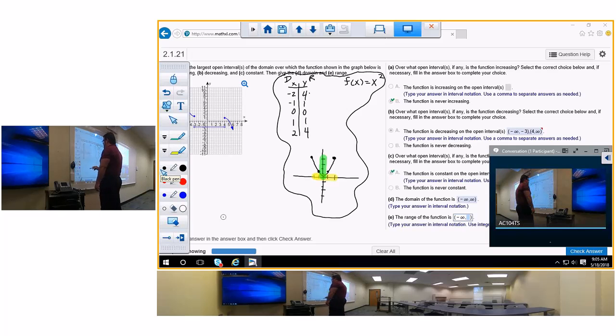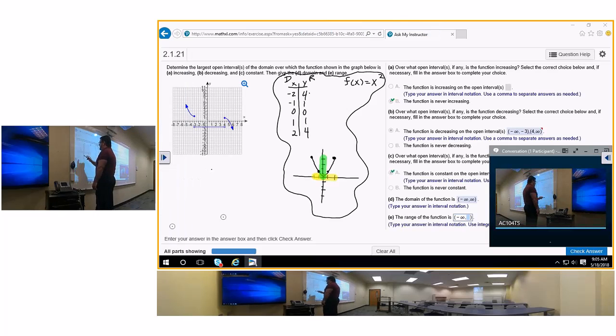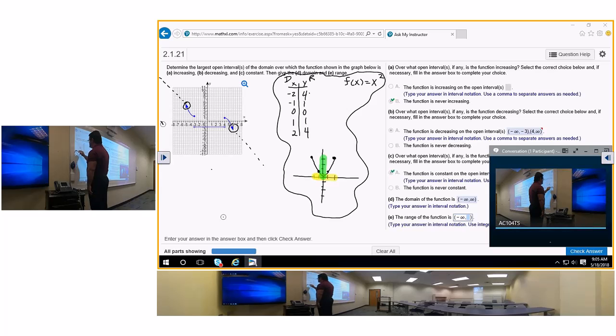The domain. Well, we've got arrows here, so that means it's going to keep going and going. As far as we read from left to right, the domain is going to be from negative infinity, which is this arrowhead over here, and positive infinity is this arrowhead over here.